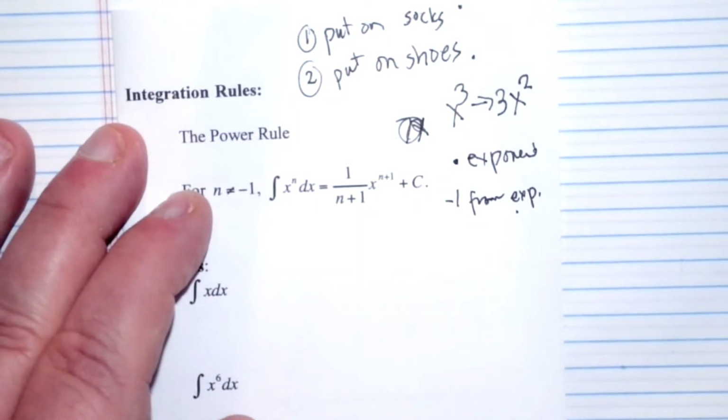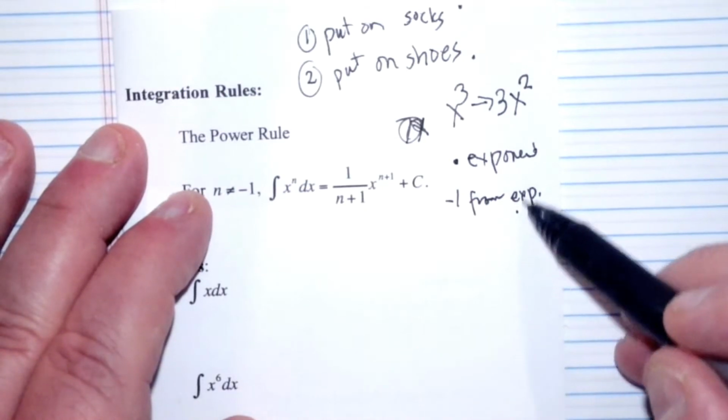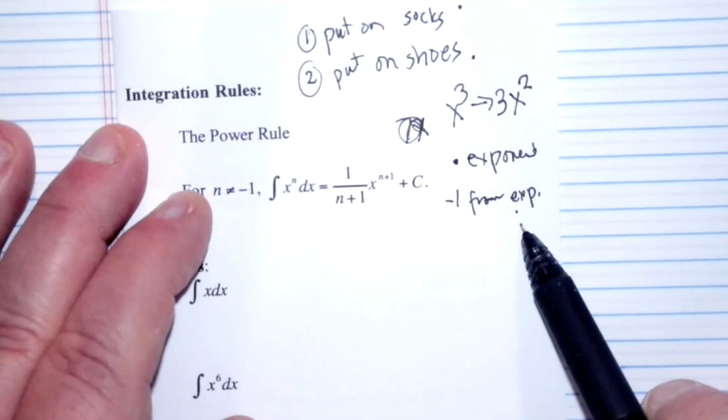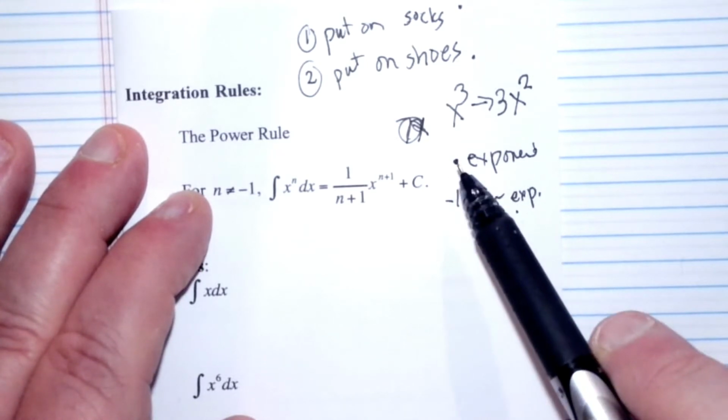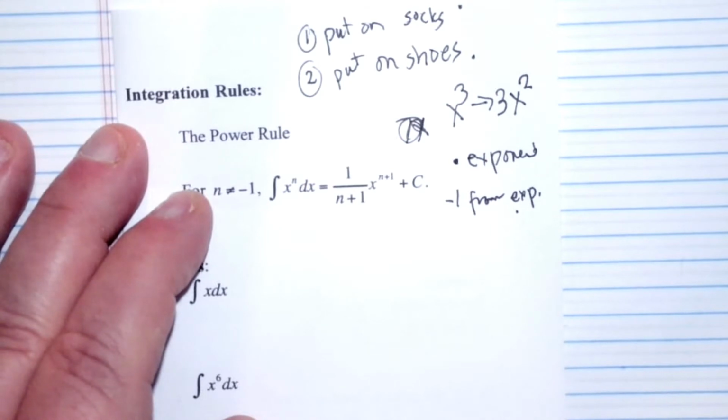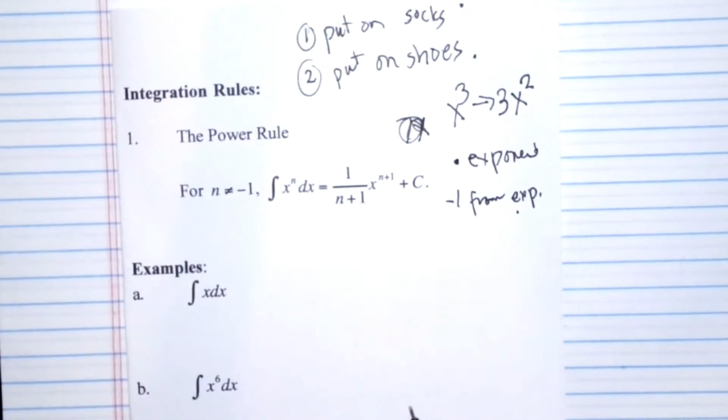So when we integrate, we're going to want to do these in the opposite order, and we're going to undo them in the opposite order. So we're going to add 1 to the exponent, and then instead of multiplying by the new exponent, we're going to divide by that new exponent.